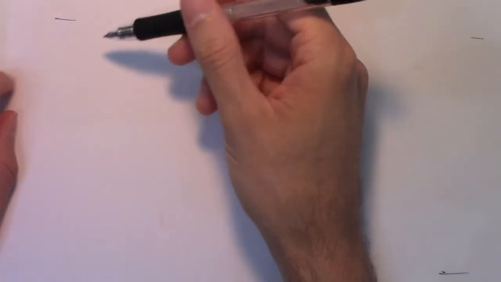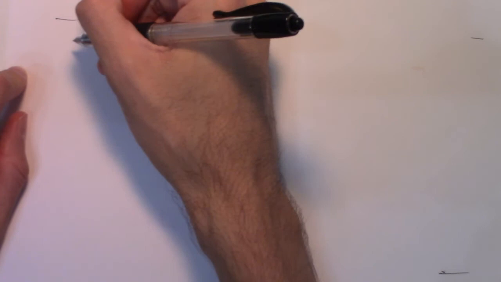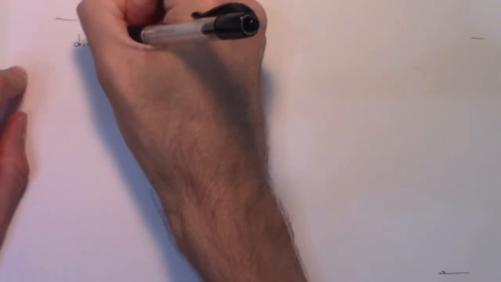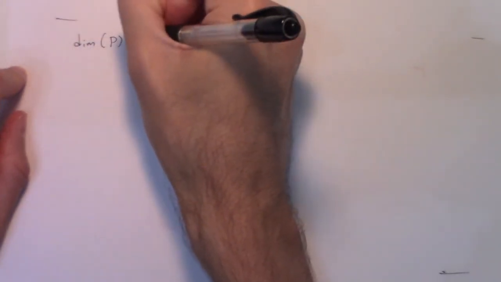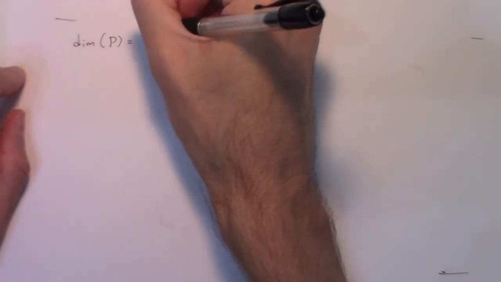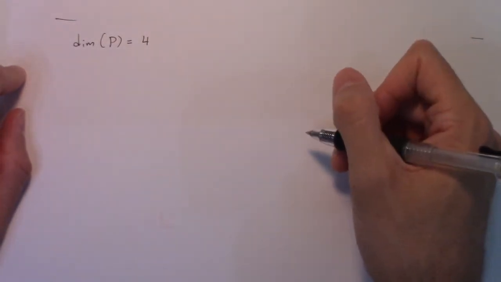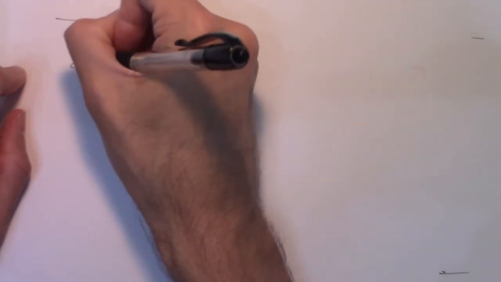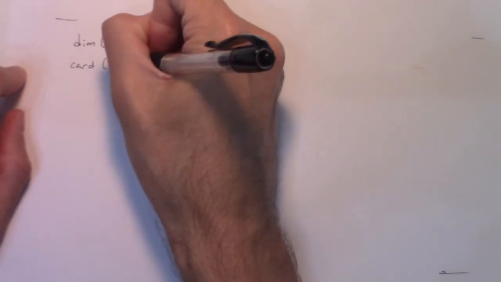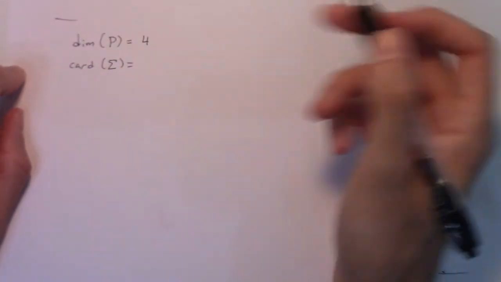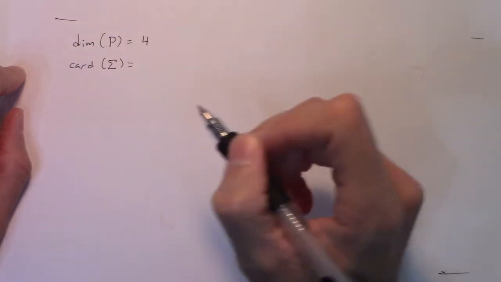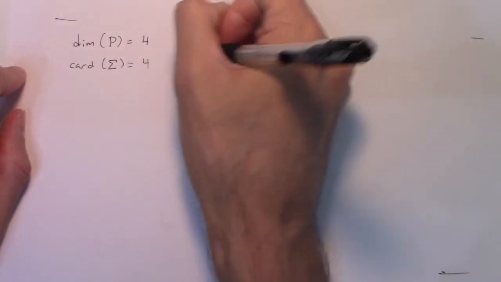So let's take a look. If you recall, the dimension of our space P is actually 4. And the cardinality of sigma, there were 4 linear functionals, each one for a side of the square. So that's done.